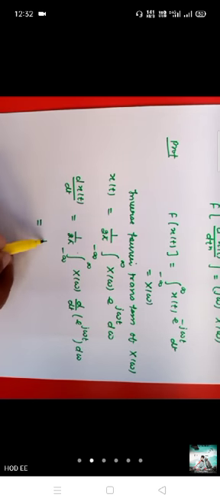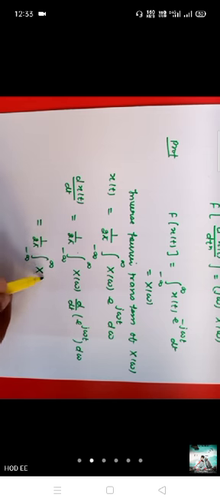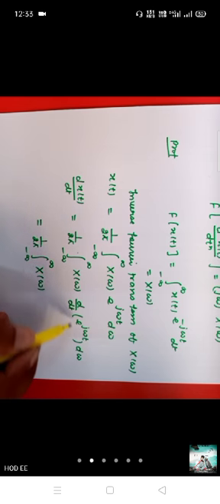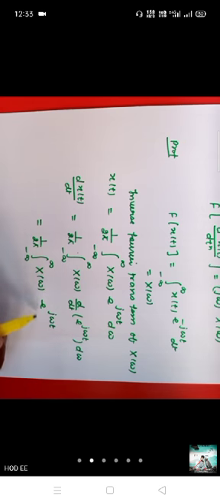Differentiating with respect to time, you get e raised to the power j omega t into j omega.